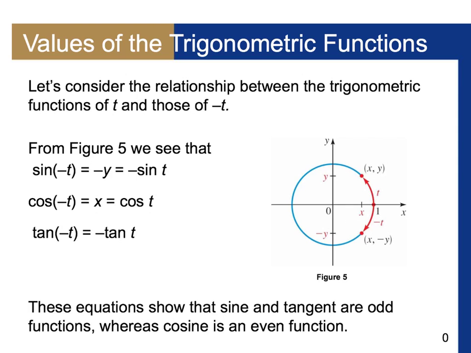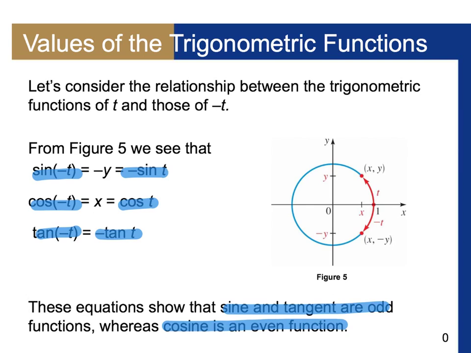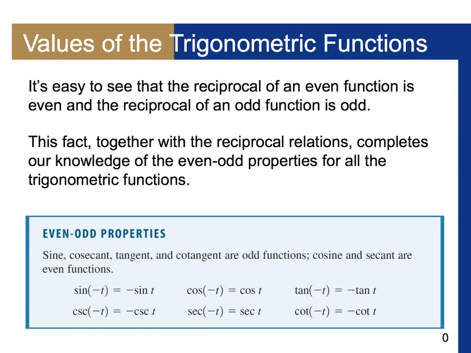So we can see that tangent is also an odd function. So sine of minus t is minus sine of t. Cosine of minus t is cosine of t, it doesn't change. Tangent of minus t is minus tangent of t. So sine and tangent are odd, and cosine is an even function. And remember, odd means symmetry about the origin, and even means symmetry about the y-axis. So when we look at the graphs, we'll see that.